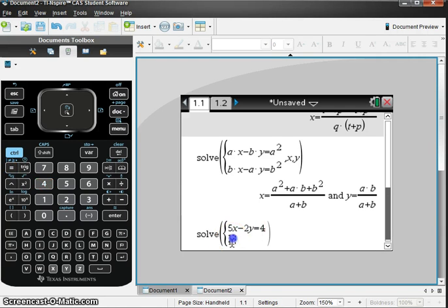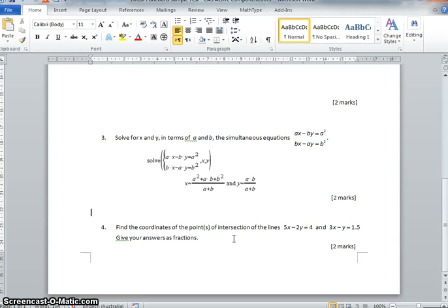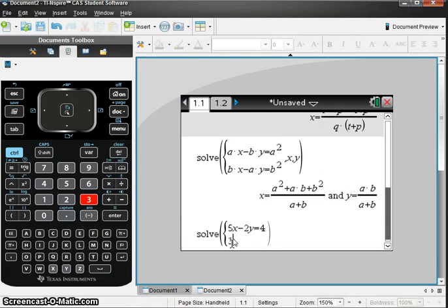And the one underneath that was 3x minus y equals 1.5, and then x comma y.